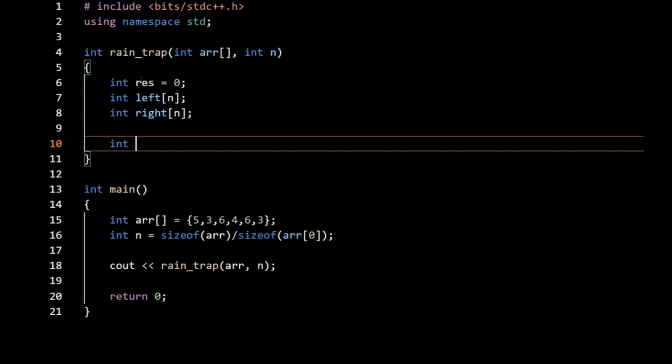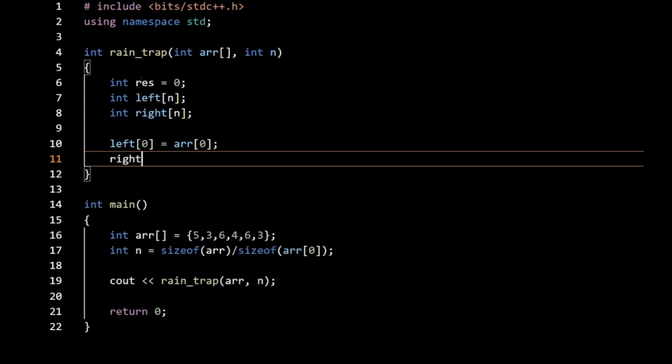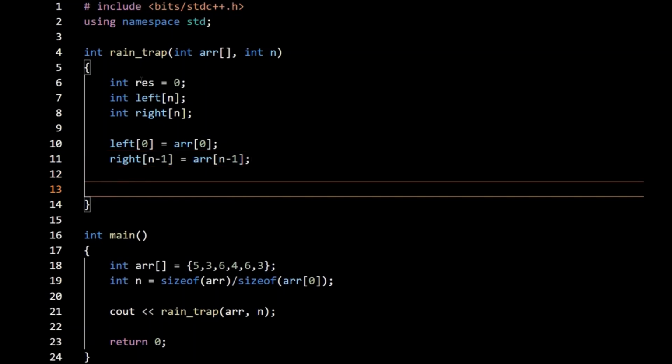Now we'll initialize left of 0, the first value, to be equal to array of 0, and similarly in our right array, the rightmost value, that is right of n minus 1, to be equal to the array's last element. So we'll initialize the first and last points in our arrays. Now you'll understand why we do so.